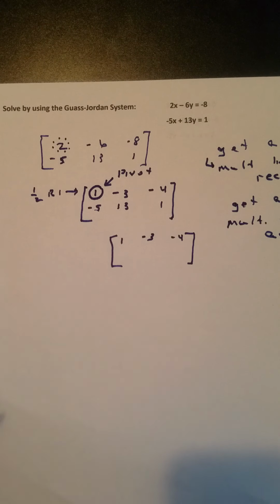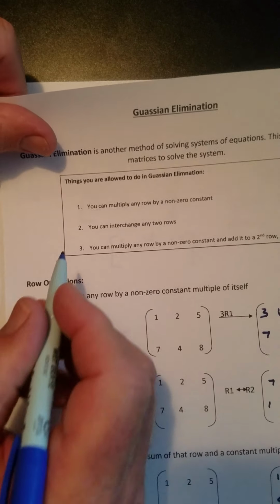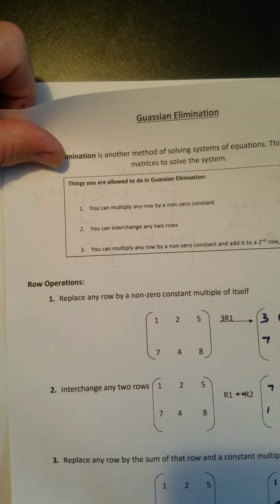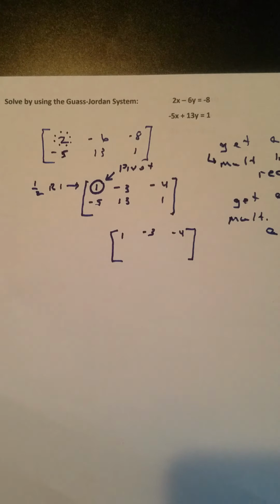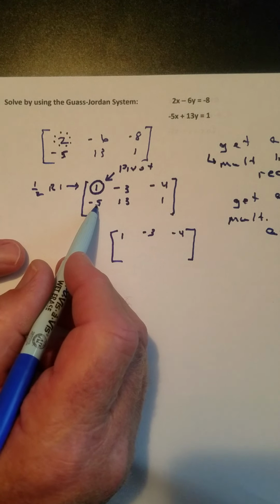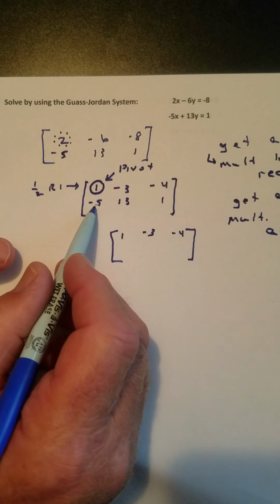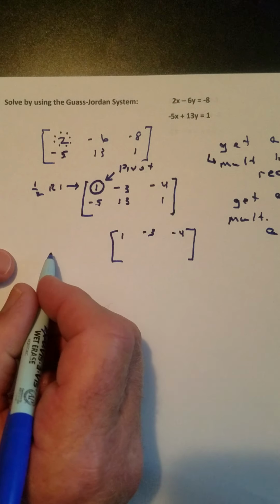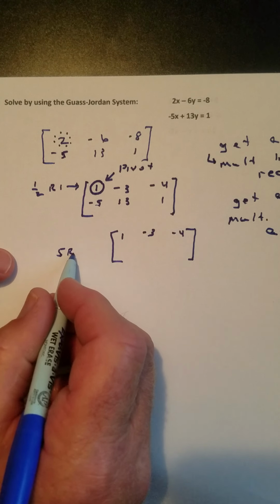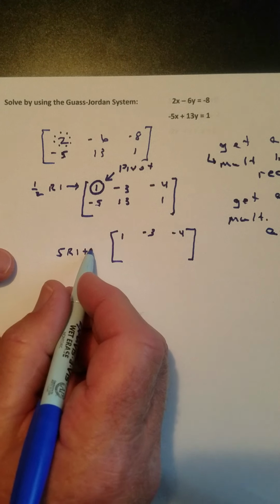When you go back to our rules right here, I'm talking about this one. You're going to multiply any row by a non-zero number and add to a second row. To get a 0 here, the magic number is going to be 5. I call it the magic number because I'm going to take 5 times row 1 and add it to row 2.